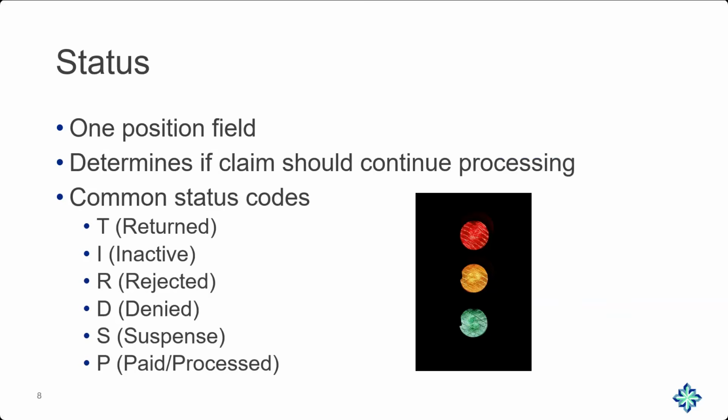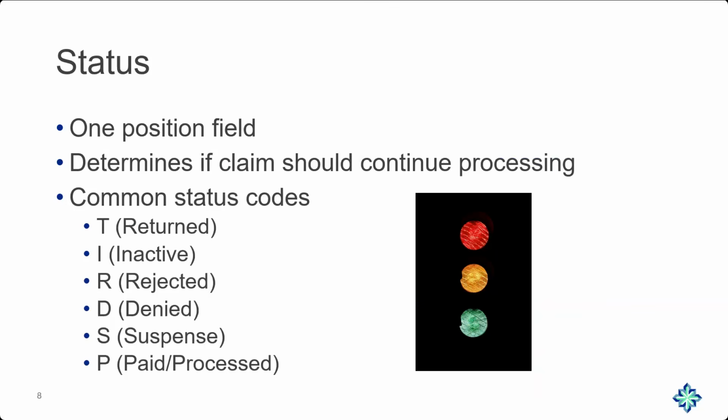The next item that we need to define is status. As billing transactions process, they move through various stages of the system. These stages are identified by status location codes, and that provides information about what's happening with a claim.